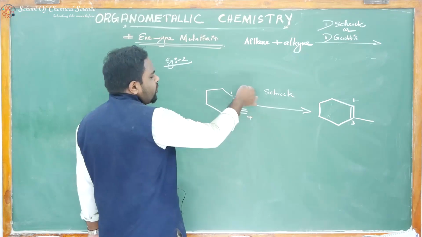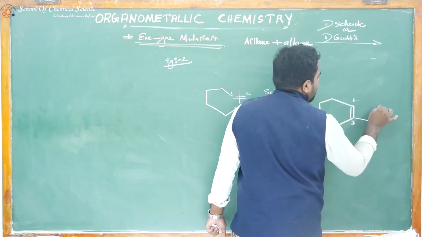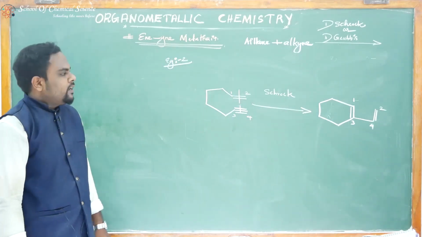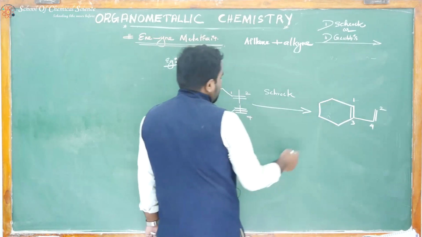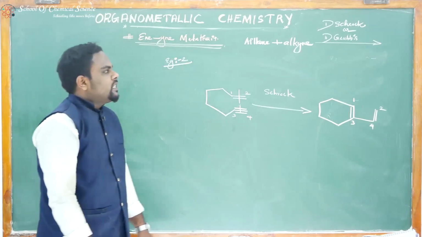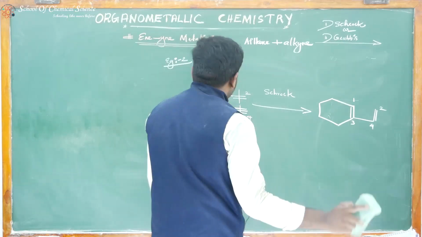Then 4 and 2 make a new double bond. So that will be your product. Clear? 1 and 3, a new pi bond. Then 2 and 4, a new pi bond. Between 3 and 4, one single bond is still remaining. Okay. Third example.